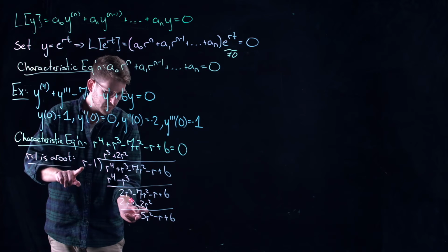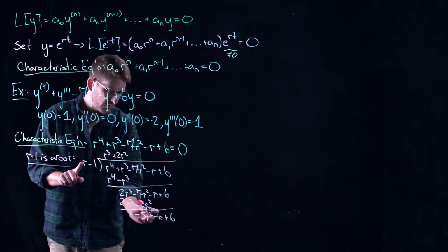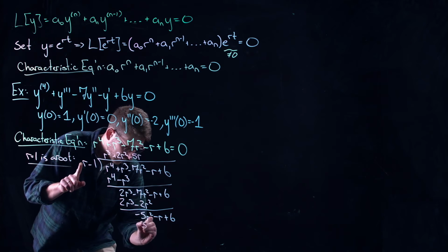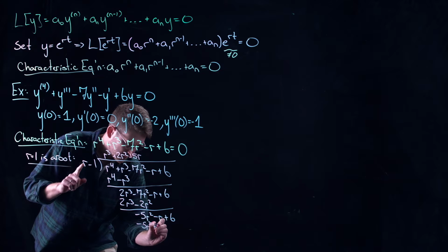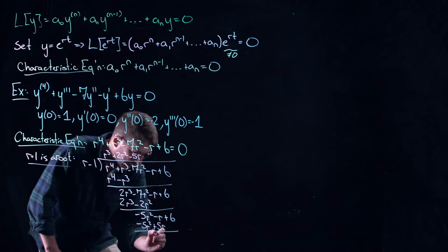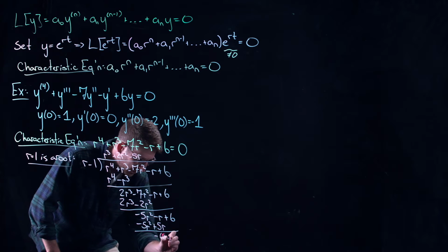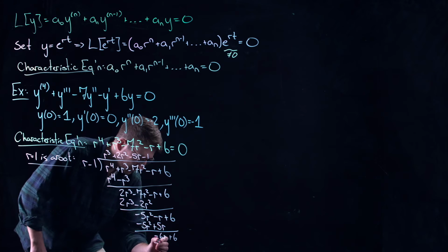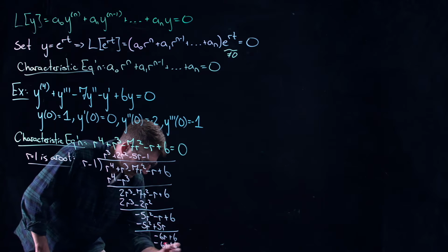Same thing, what do I need to multiply r by to get minus 5r squared? That's minus 5r. Minus 5r squared plus 5r. Now I get minus 6r plus 6. And in this case, I multiply in minus 1. Minus 6r plus 6. I did it correctly.